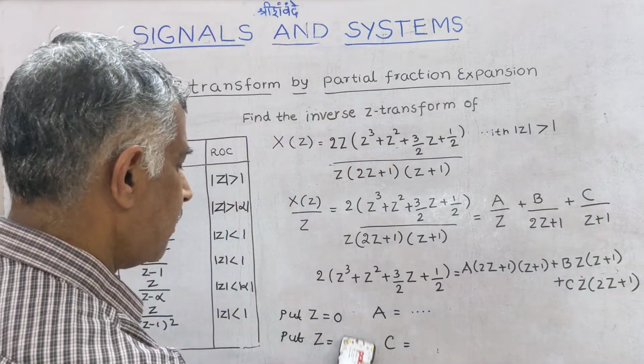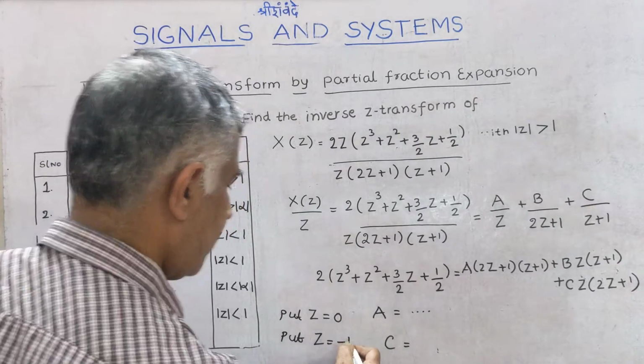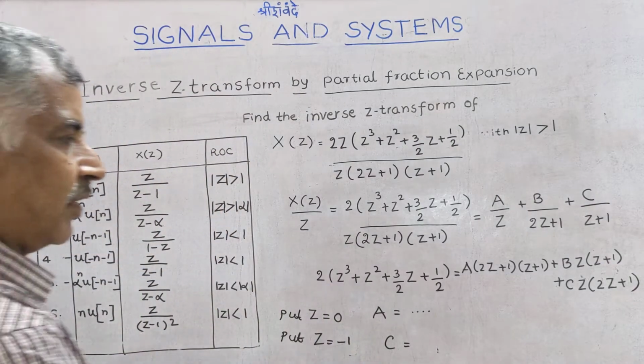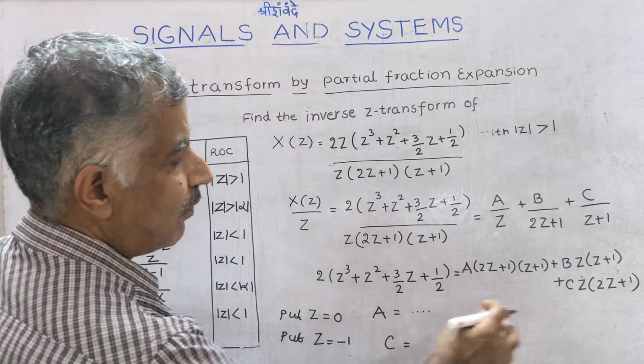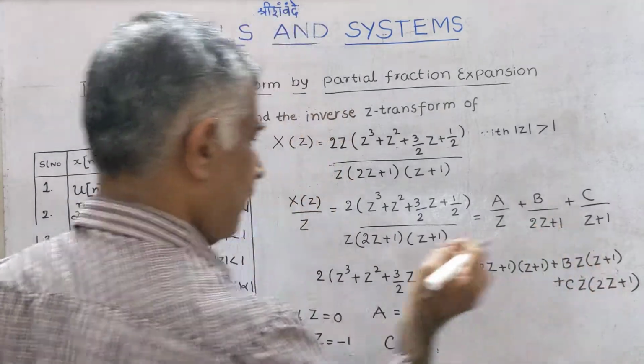Put z equal to minus 1. Then these two terms become 0, and you can evaluate C.